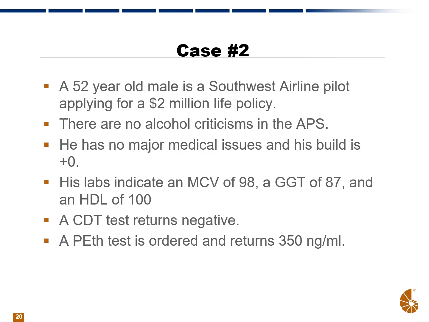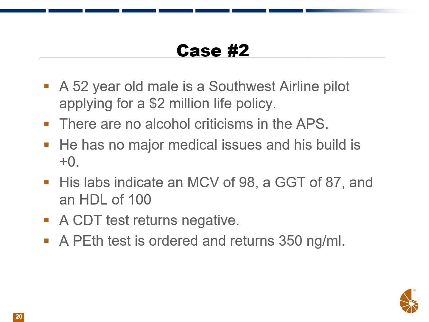Case number 2, we have the same age person, but a male who's a Southwest airline pilot, and he's applying for $2 million. There's no alcohol criticisms, no major medical issues. His build is good. His labs indicate an elevated MCV of 98, a GGT elevated at 87, and an HDL elevated at 100. His CDT test returned negative, though.